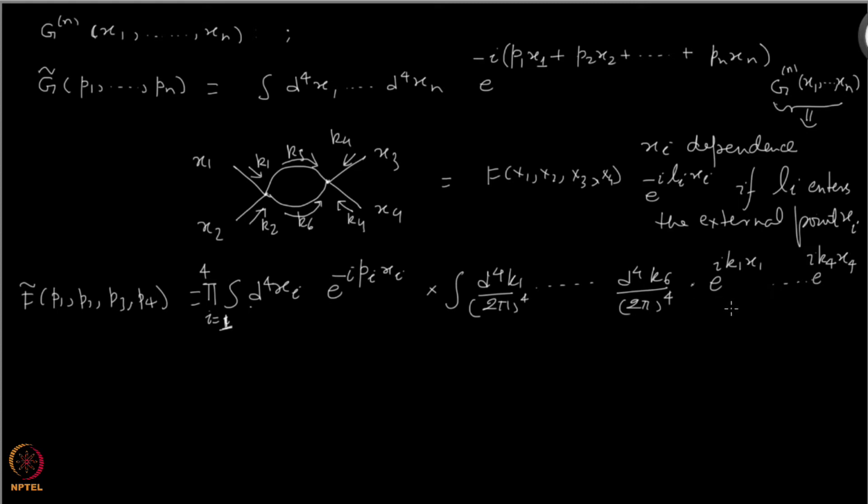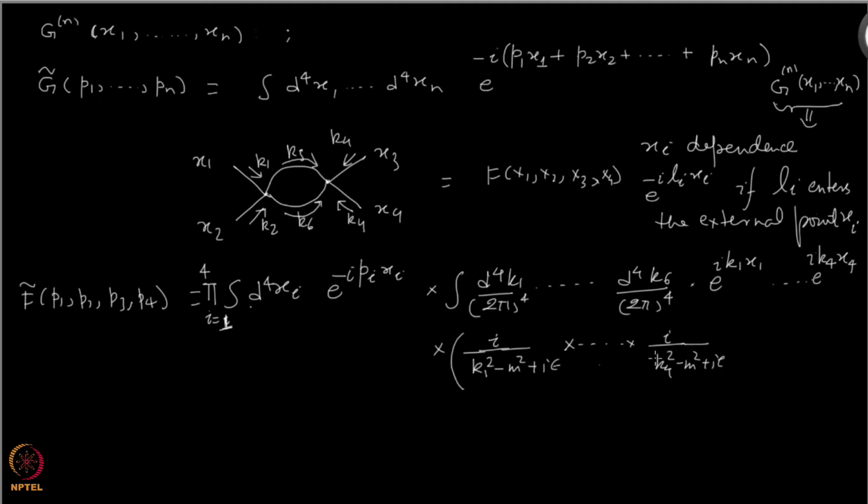So you have this, and then I should have all the 6 propagators, which I will split into 2 parts when I am writing. So you have i over k1² minus m² plus iε, up to i over k4² minus m² plus iε.